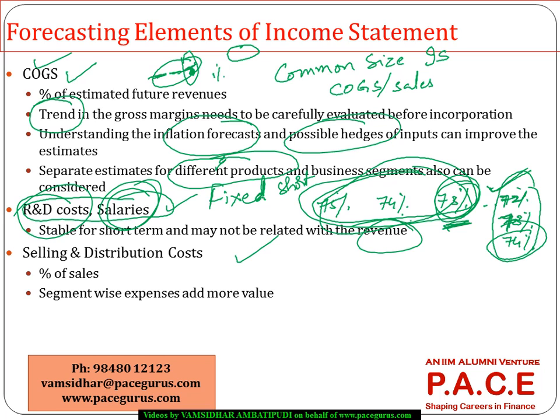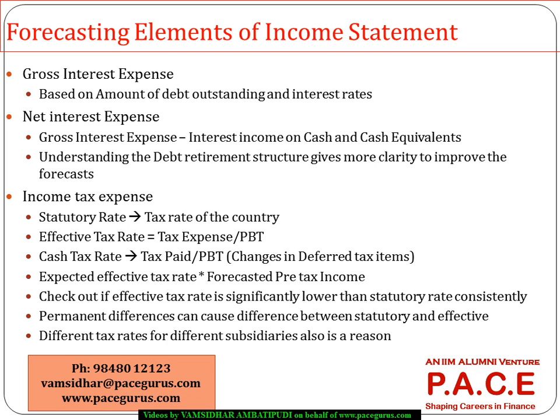So when projecting them, historically I will consider their proportion with respect to the revenues and use that percentage as the number based on the futuristic revenue forecast for forecasting the future income statement for the next few periods. So even for these things also, identifying segment wise expenses would definitely bring more and more betterment to the estimate. Then coming on to the finance costs.